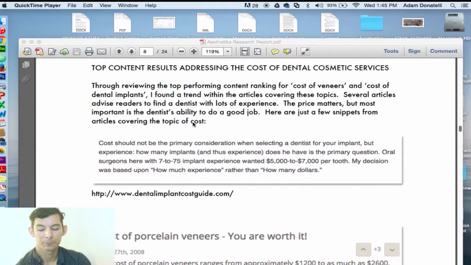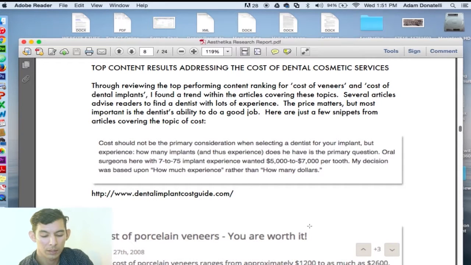Here's a clip here. Cost should not be the primary consideration when selecting a dentist for your implant, but experience. How many implants, and thus experience, he or she has is a primary question.